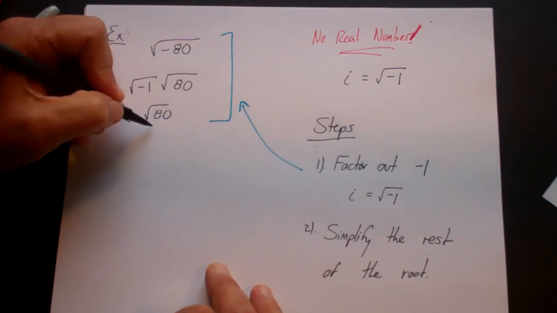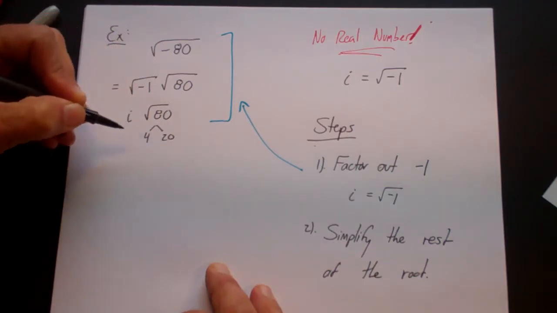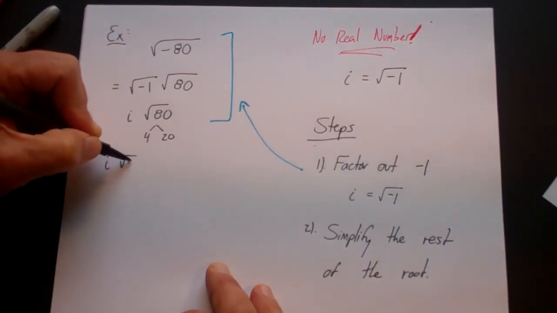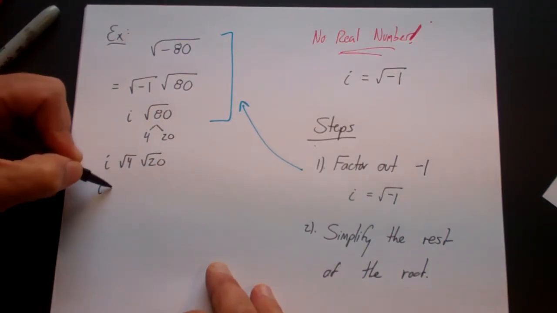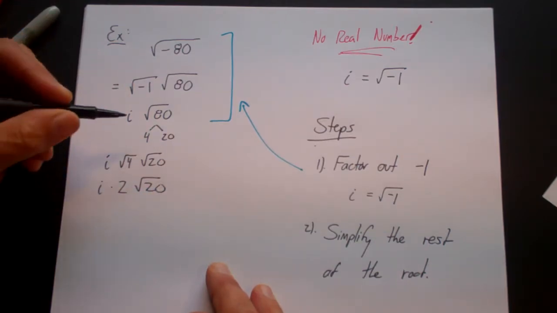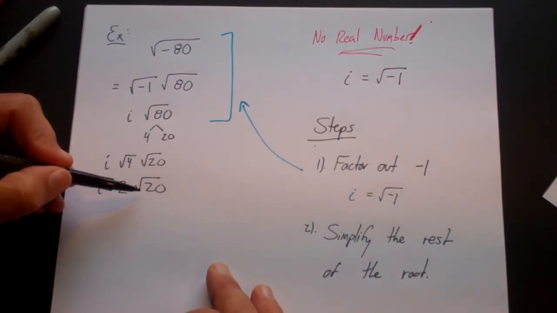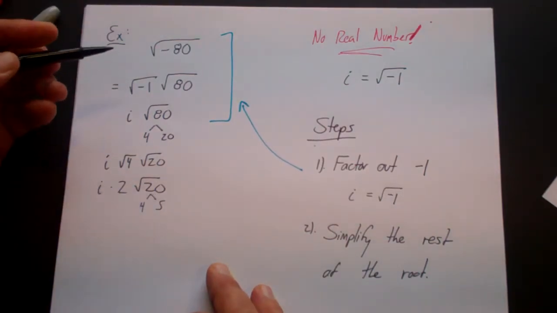Find two numbers that multiply to 80. I'm going to use 4 and 20, so you get i square root of 4 square root of 20. Square root of 4 is 2, so you have i times 2 square root of 20. I'm not quite done yet because square root of 20 still simplifies. That can be broken up into 4 and 5.